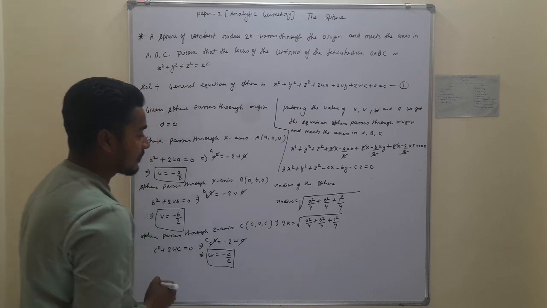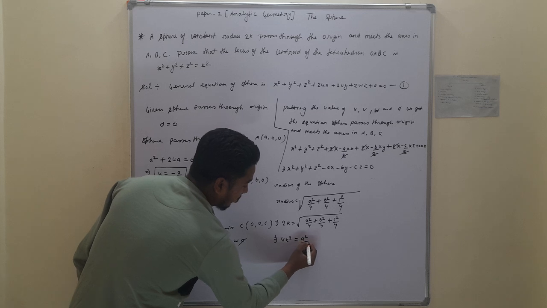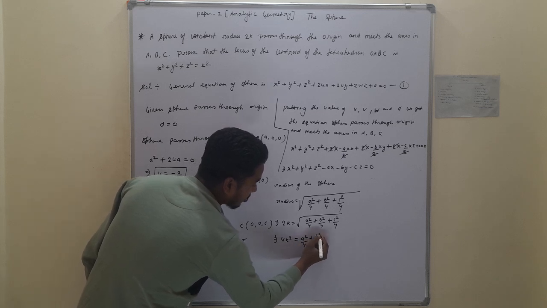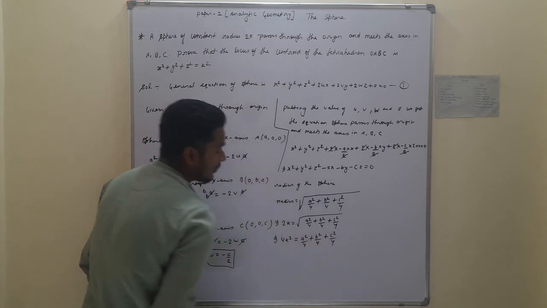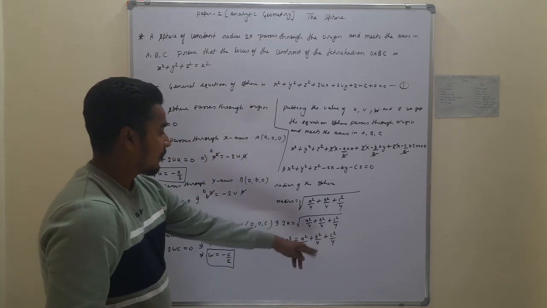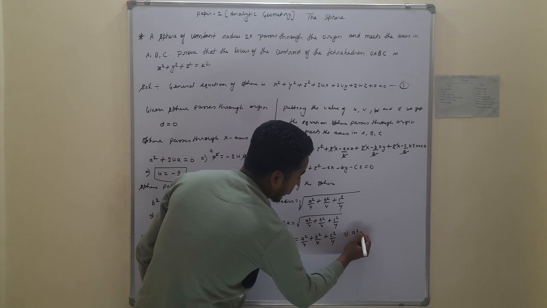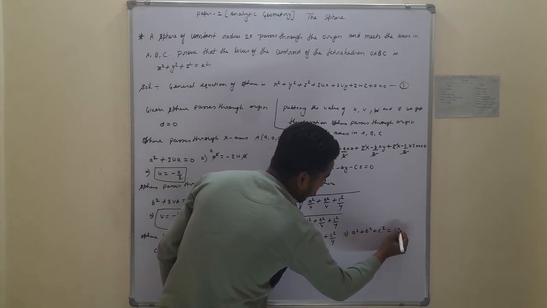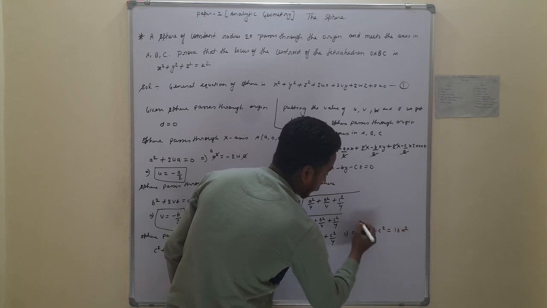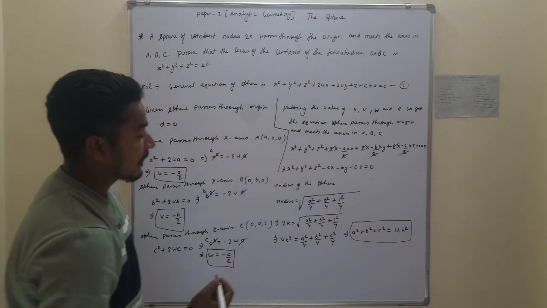On squaring both the sides we get 4k square is equal to a square by 4 plus b square by 4 plus c square by 4. Taking LCM, LCM is 4, we get a square plus b square plus c square is equal to 16k square. Let this be equation second.